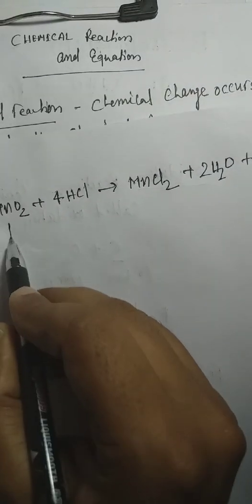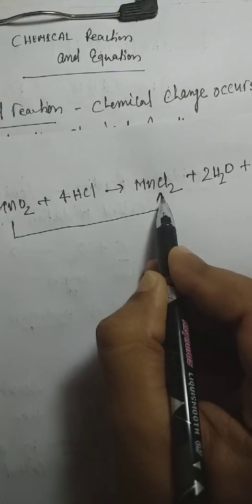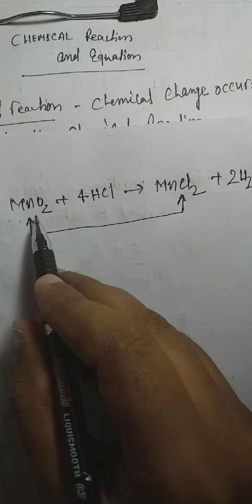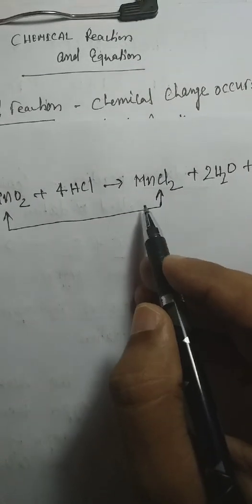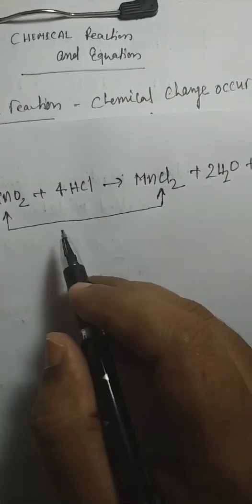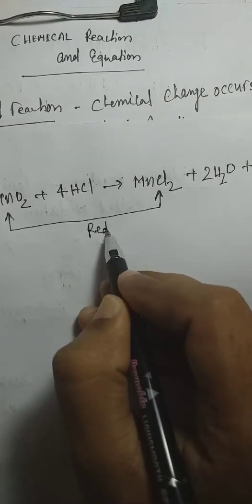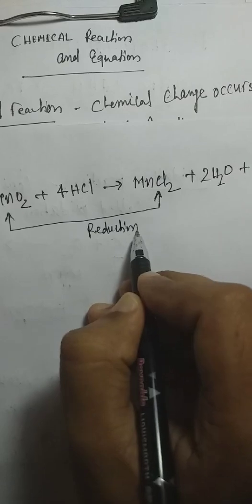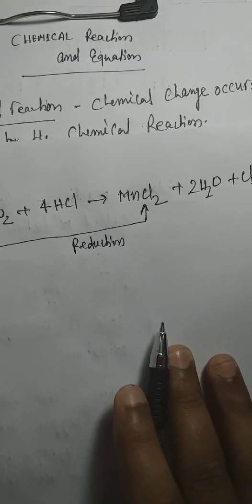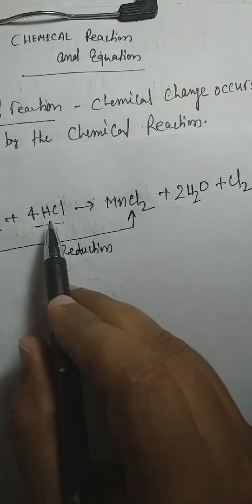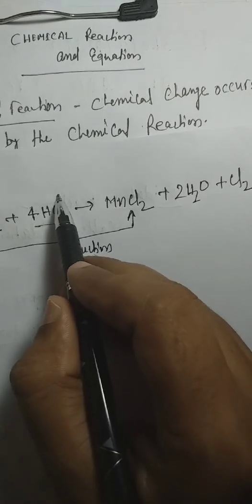In the case of manganese, on the side of the reactant oxygen is present, on the side of the product oxygen is missing. It means reduction takes place. Why? Because manganese lost oxygen.